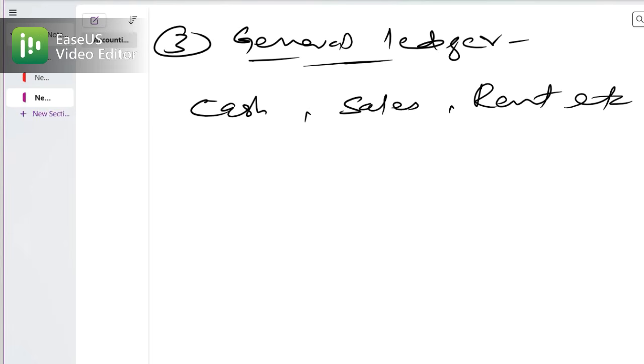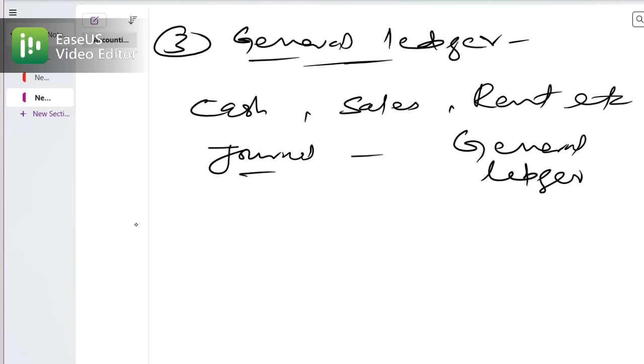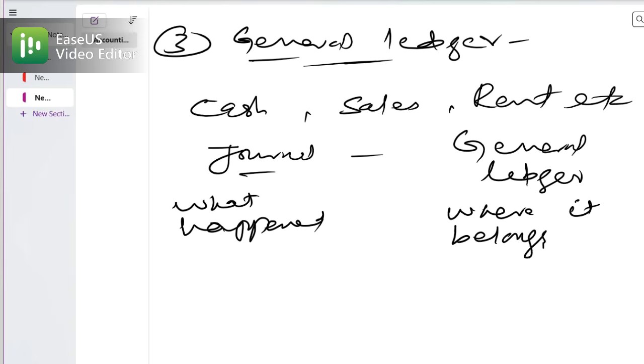So the journal says what happened, and the ledger says where it belonged. What is the difference between the journal and general ledger? The journal shows what happened, while the general ledger says where it belongs. For example, a cash payment gets posted into a cash account page, and a purchase goes into the purchase account page. So this is where the general ledger comes in.